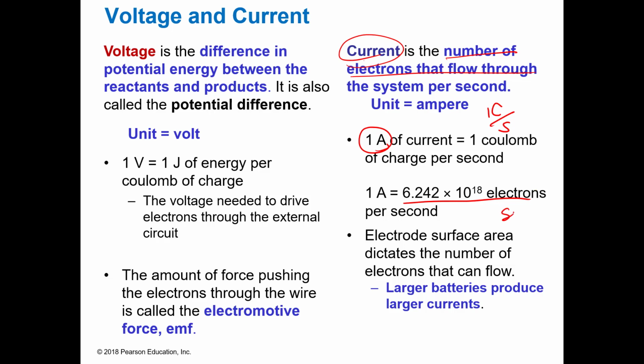So this is like the speed or frequency. The electrode surface is what really gives you the ability to flow more electrons. Larger batteries produce larger currents, okay? So you've got larger electrodes in there, or more efficient electrodes. The voltage is the difference between the potential energy of the products and the reactants, okay?